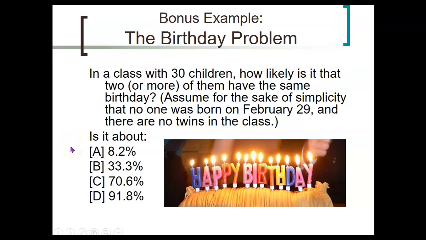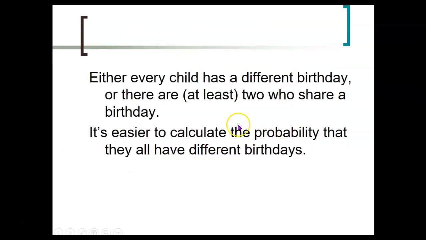So before I give you the answer, I'm going to try to explain how this is calculated. Either every child in the class has a different birthday, so there's all 30 kids with different birthdays from each other, 30 different days, or there are at least two who share a birthday. So those are the two alternatives. Those are the complementary events.